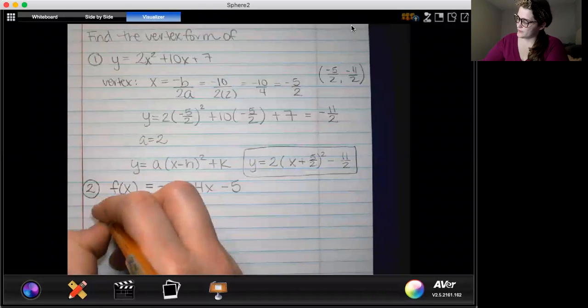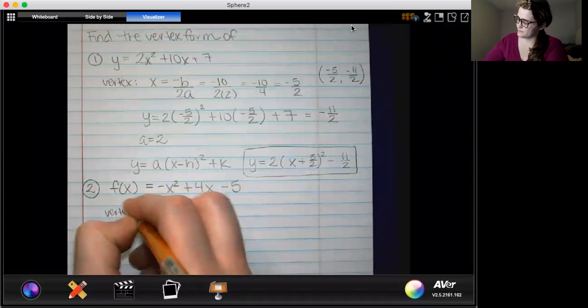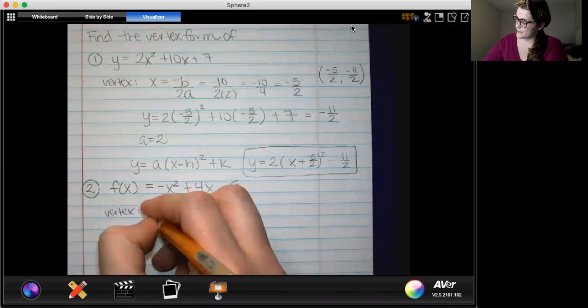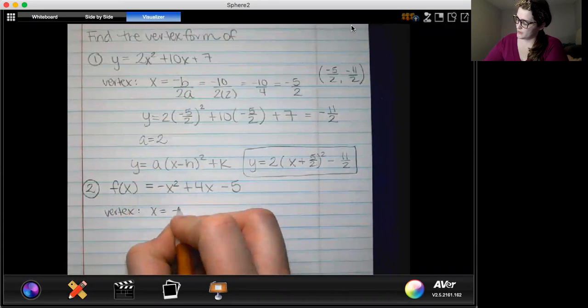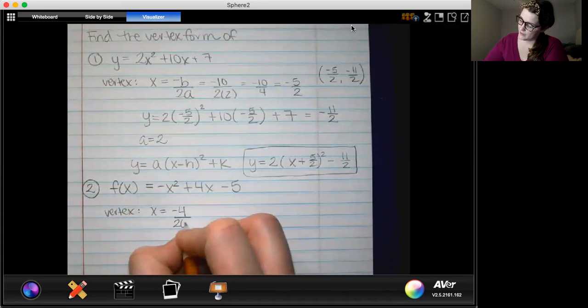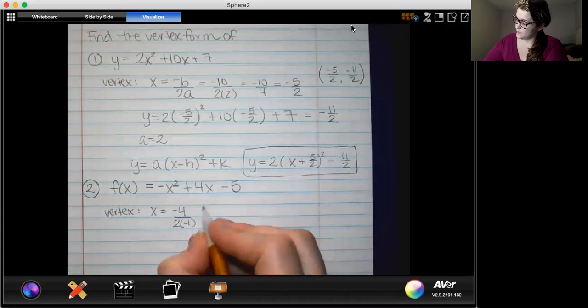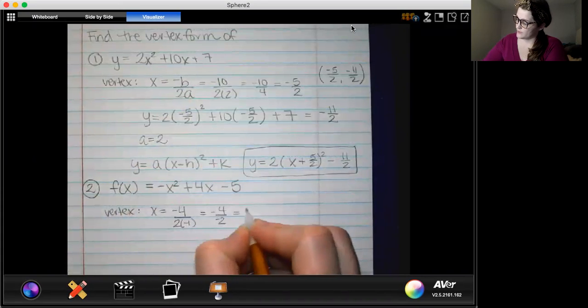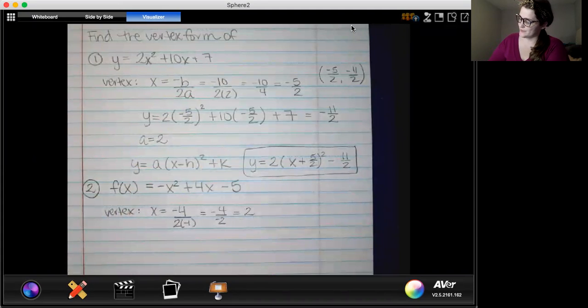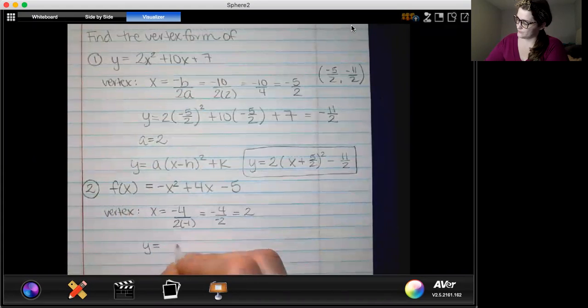So first we're identifying our vertex. So x equals, and you don't have to write the formula here, but opposite b divided by 2a, which would be negative 4 divided by negative 2, which simplifies as 2. And then we substitute back in to find y.